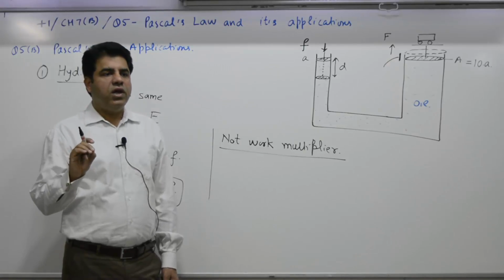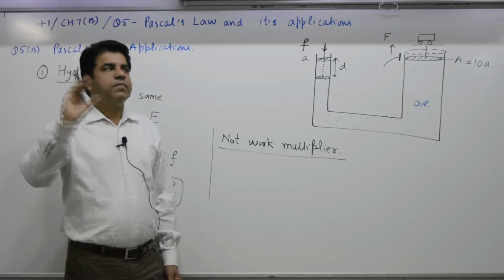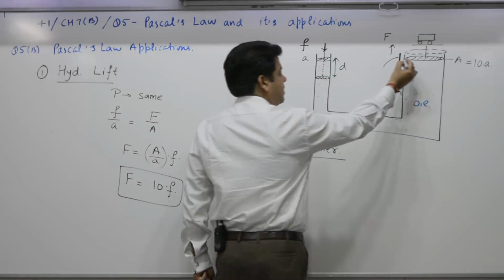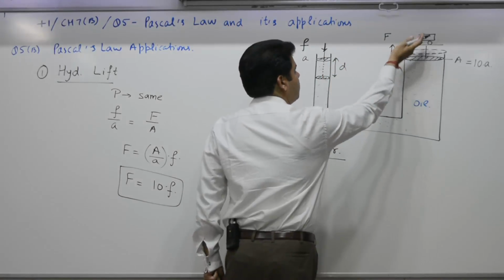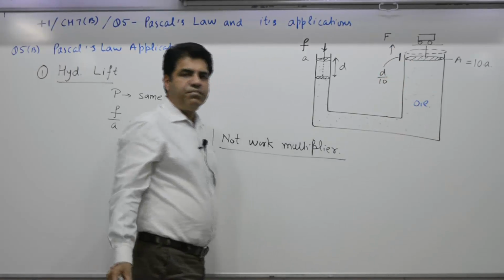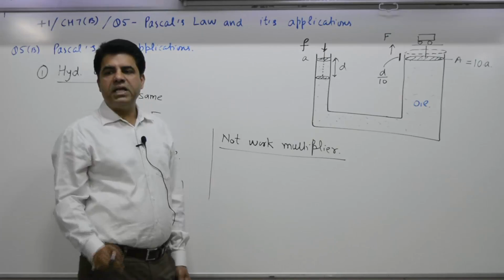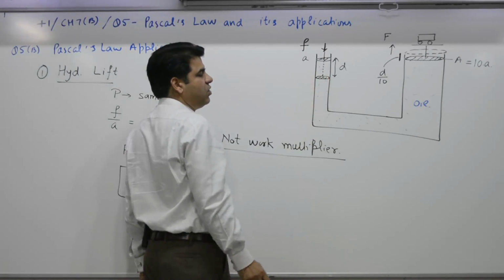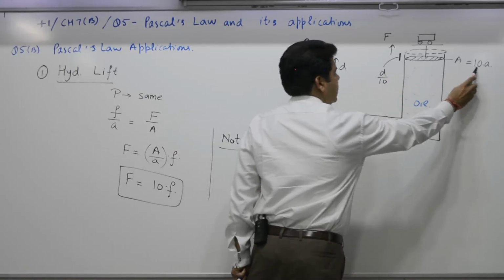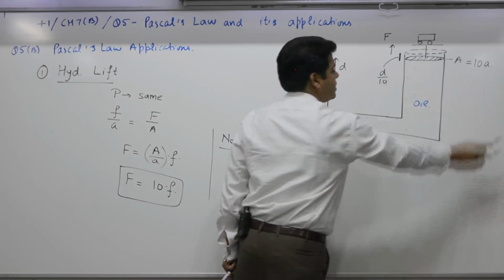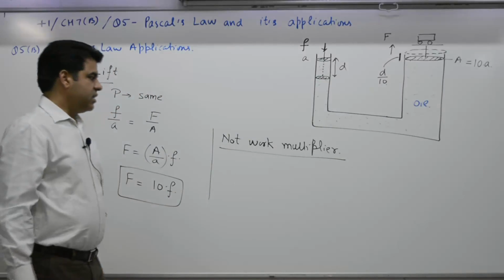The volume of oil remains the same. Area into D, then the second piston will move upward not by D but by D by 10, because the volume covered remains the same. Volume on this side is A into D, volume on this side is 10A into D by 10, 10 cancels, again volume is A into D.